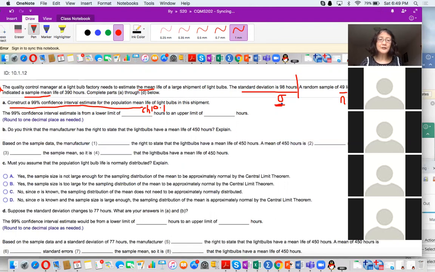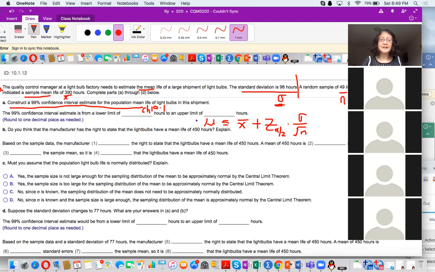Method 1, use the formula. The formula says, the population mean mu is smaller than or equal to sample mean x bar, which is 390, plus critical value Z half alpha, multiplied by population standard deviation over the square root of sample size n.